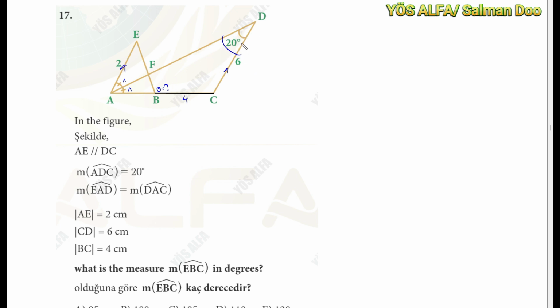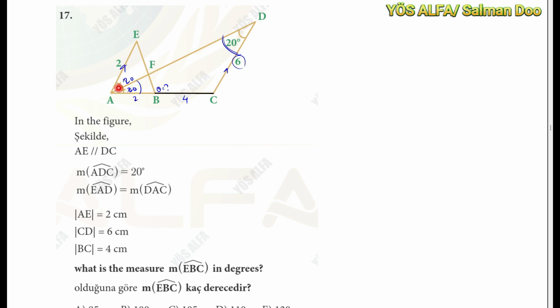Since CDA is 20 and CD and AE are parallel, we have 20 over here too, because they are alternate angles. This is 20, and that is also 20. Now we have the isosceles triangle over here. This side is 6, so AC should also be 6. Since we already have BC is equal to 4, AB is 2.